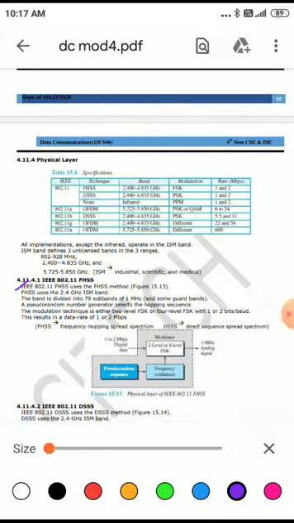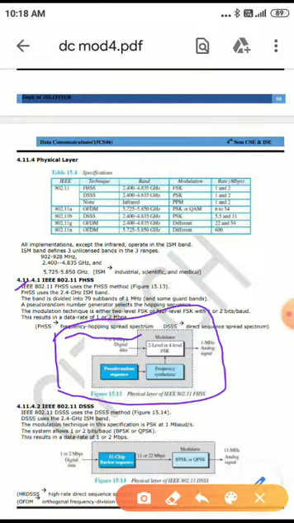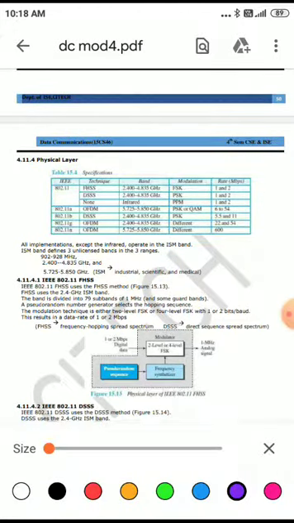Now we are going to discuss IEEE 802.11 FHSS. What is meant by FHSS?